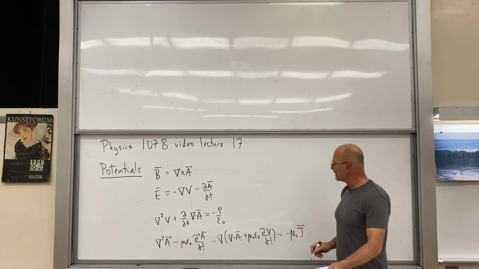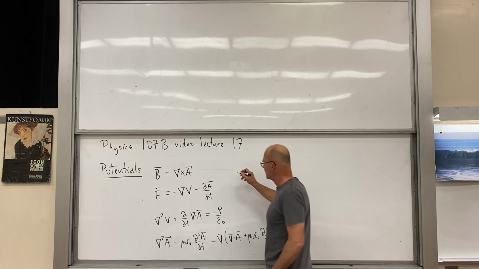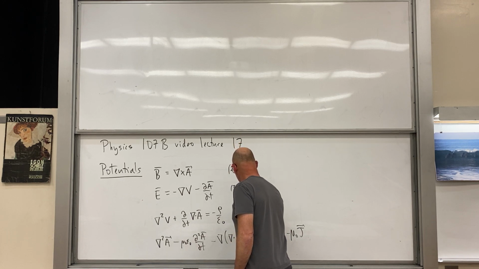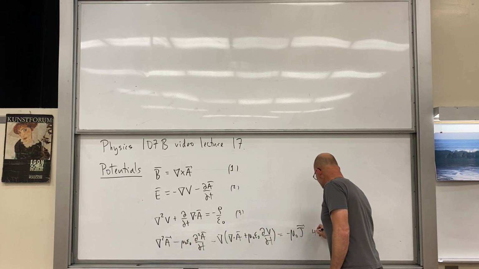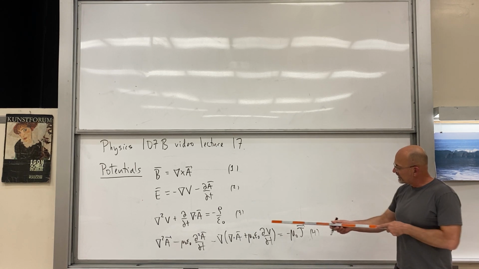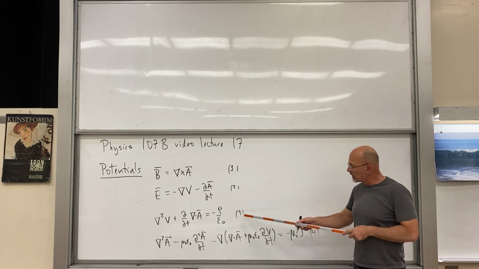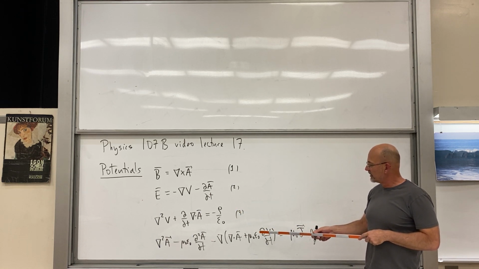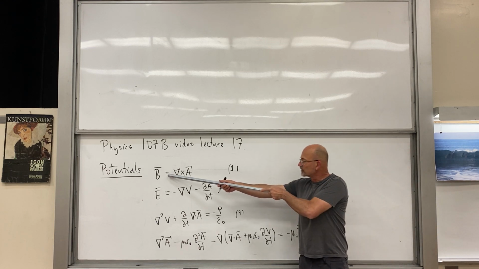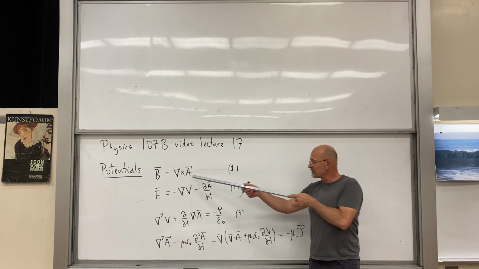So those equations, should I number them? 1, 2, 3, and 4. What we've gained here is that this is actually 3 plus 1 equals 4 equations, these two differential equations, from which we can obtain these 6 quantities by differentiation.